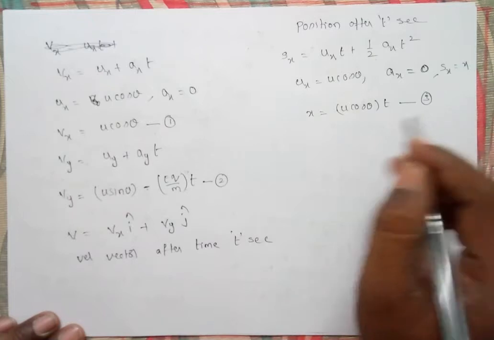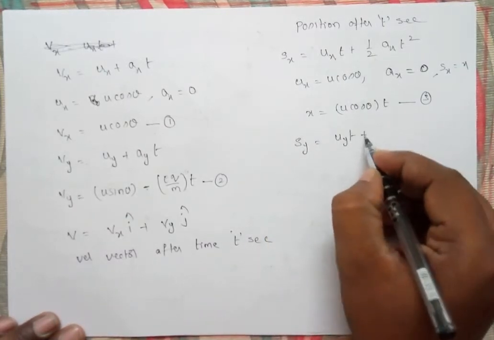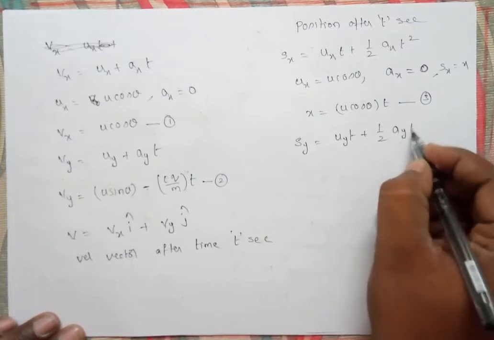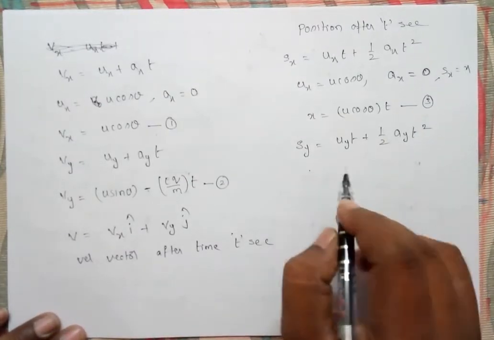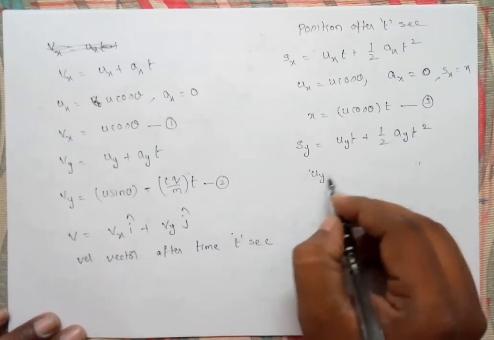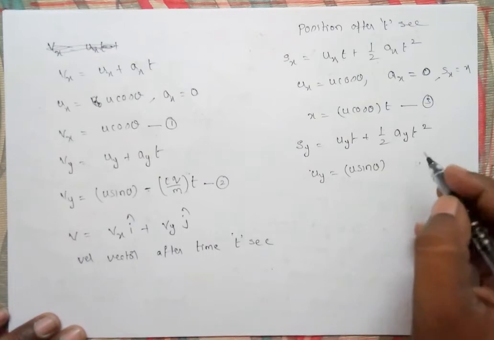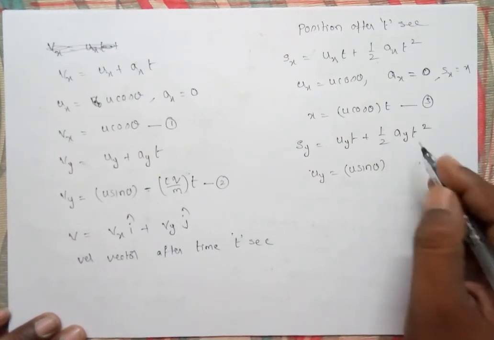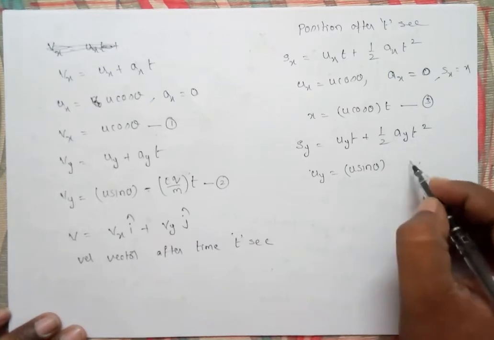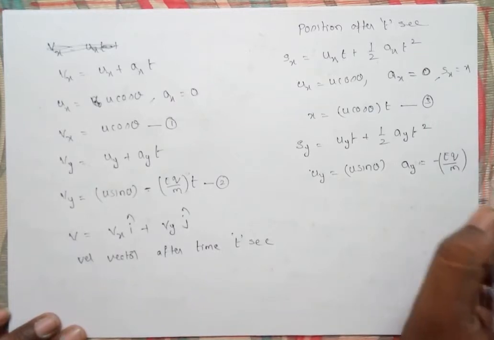Next, Sy equals uy t plus half ay t square. Along the vertical direction, the velocity uy is u sin theta, and you know the acceleration is downwards, so it opposes the motion, so ay is minus eq by m, that is downwards.